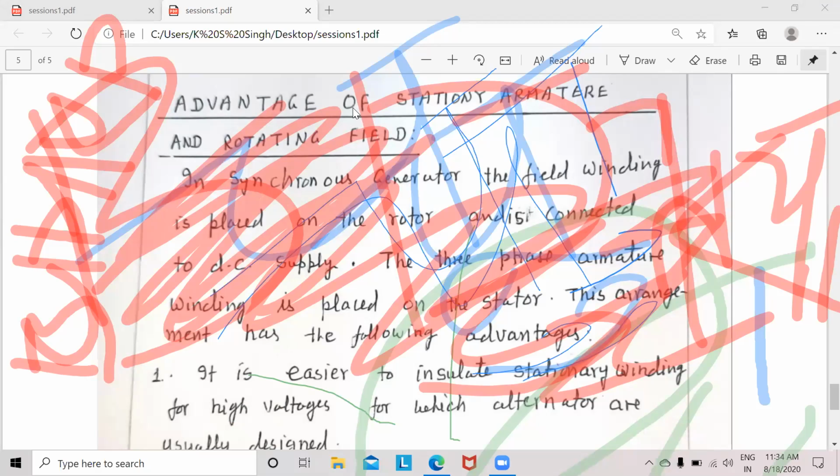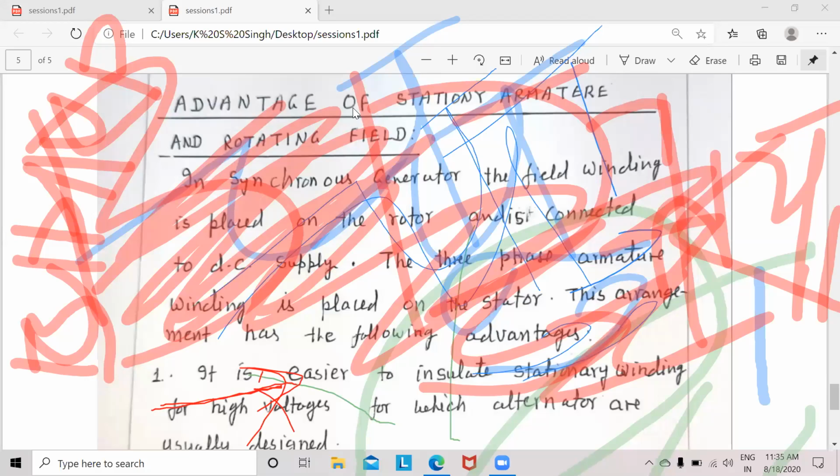So for these large capacity machines, the voltage induced will be higher, that is 11 kV, 15.65 kV, 21 kV.